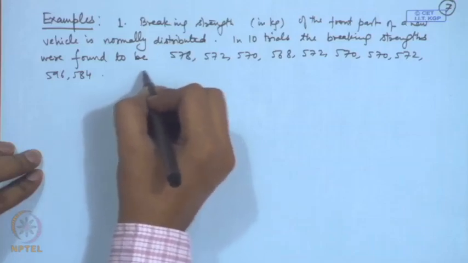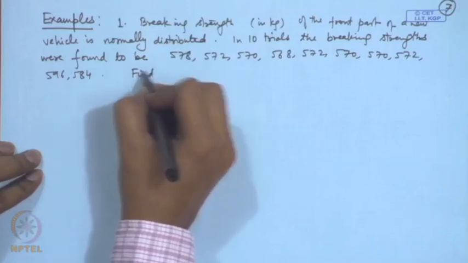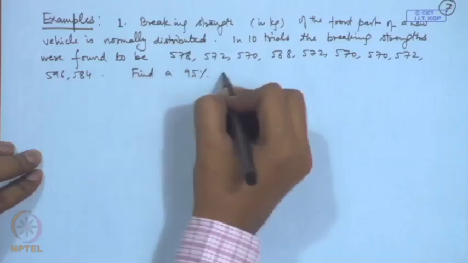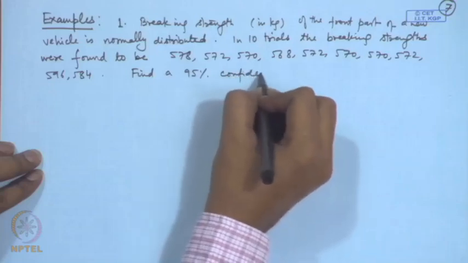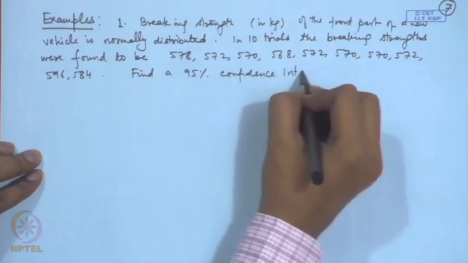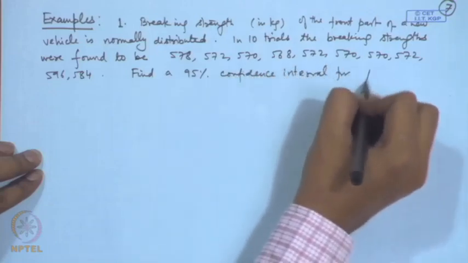We want, say, a 95% confidence interval for mu.